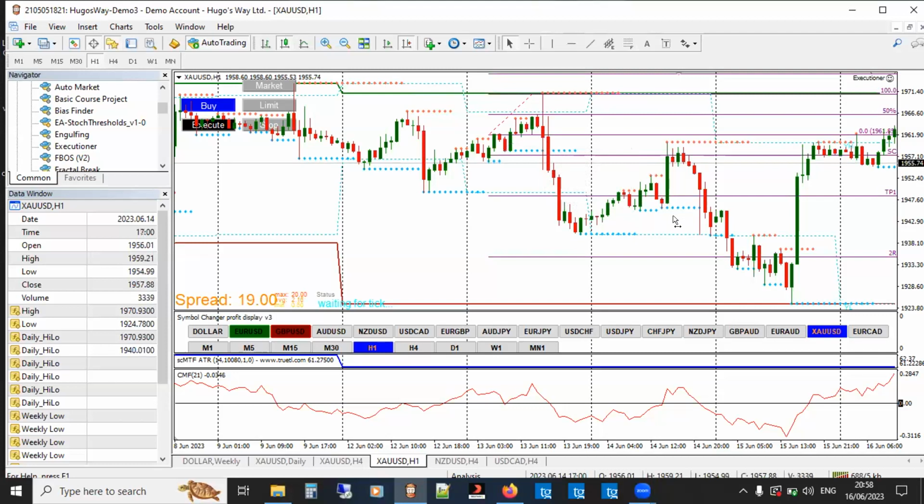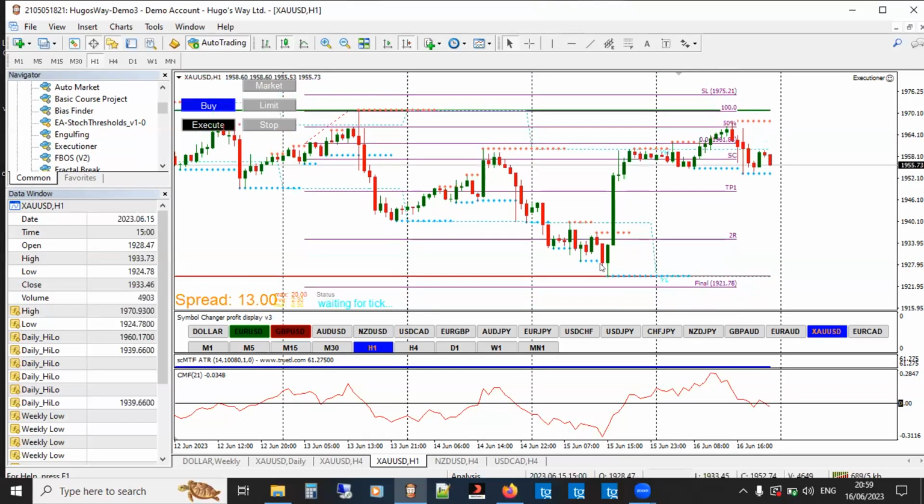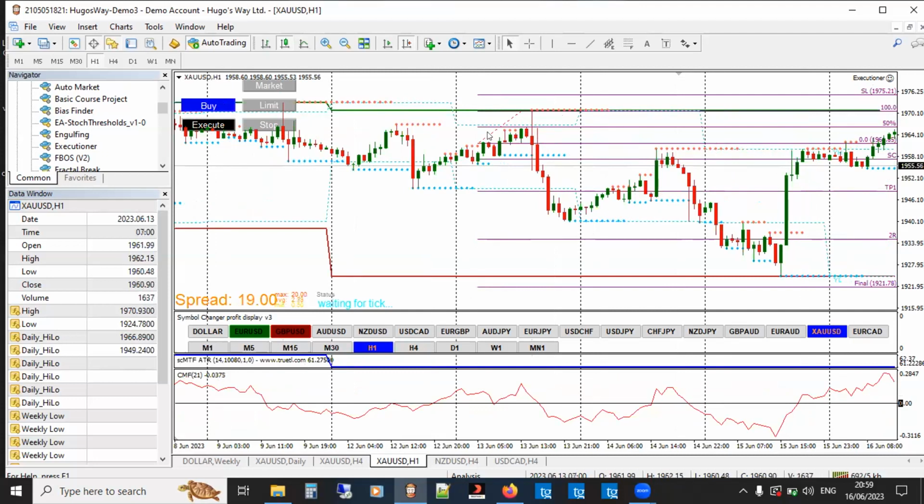They pick you up, gave you TP1, came very close to your final TP, and then pushed back up. And now you're just basically slightly in profit on this.